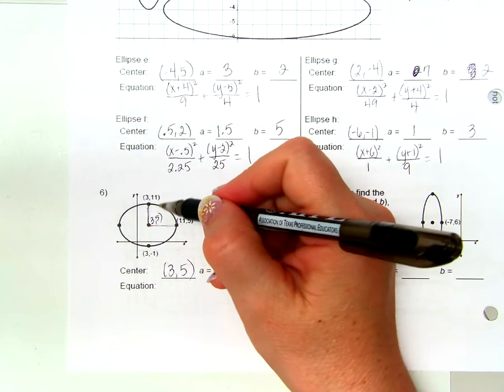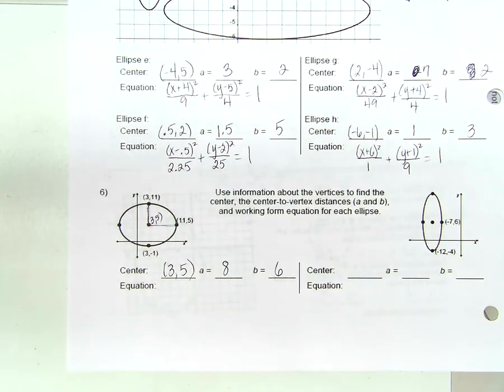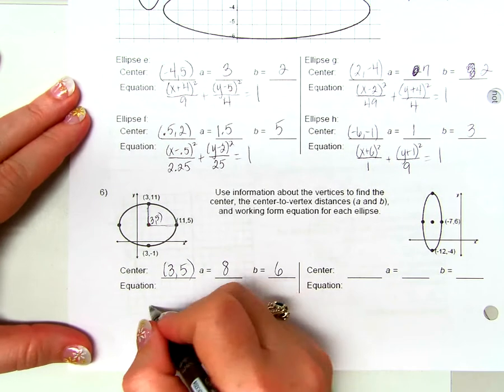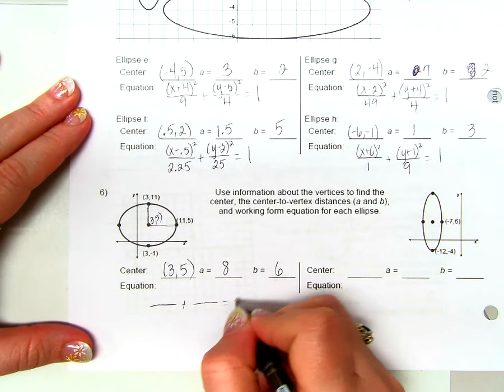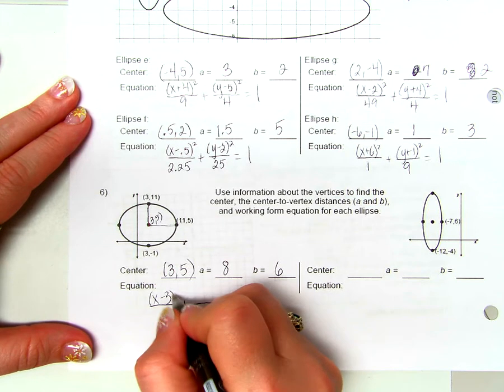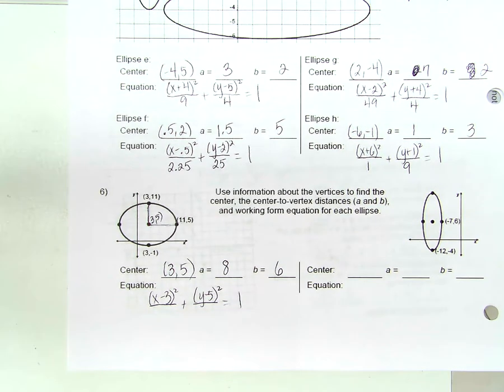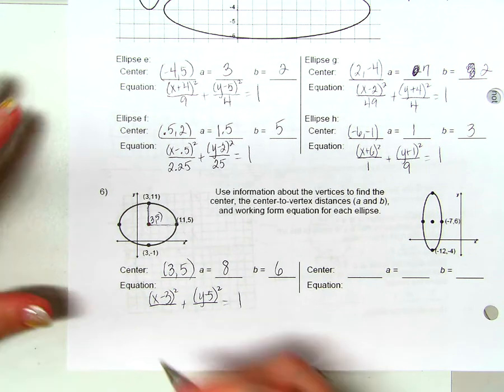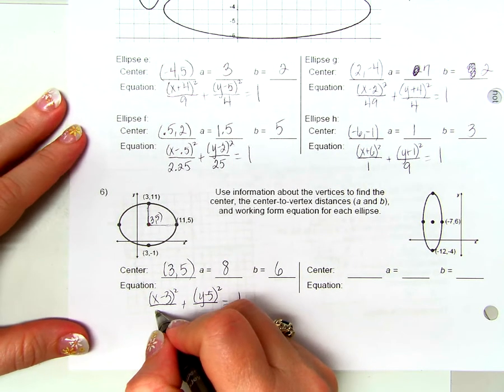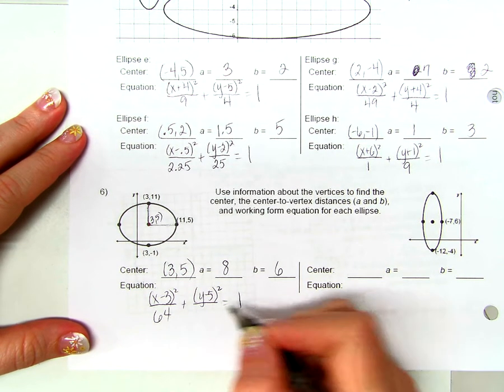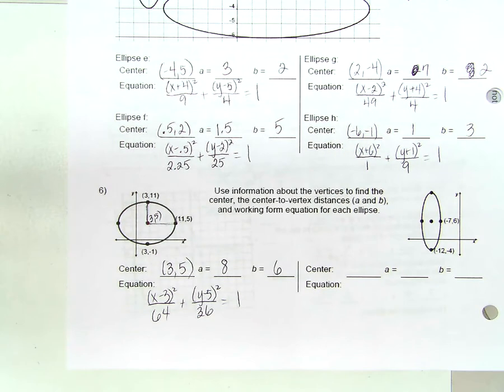From 5 to 11 in height, right? So that's a difference of 6. So what's my equation? X minus 3 squared and y minus 5 squared, over 64 and over 36. Excellent. Equals 1. Thank you.